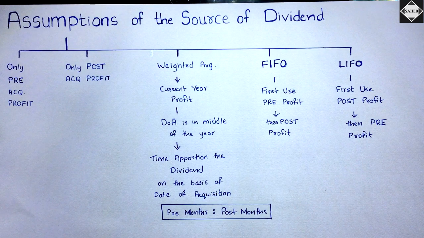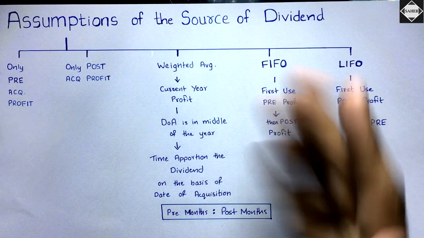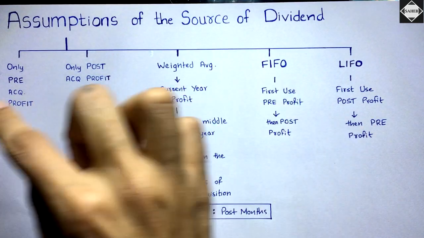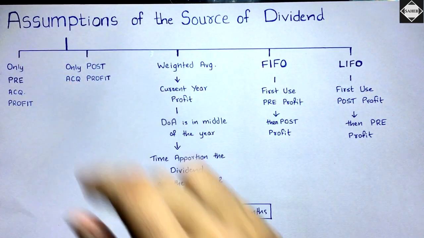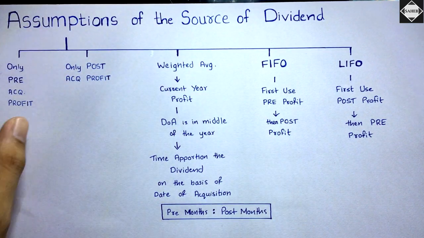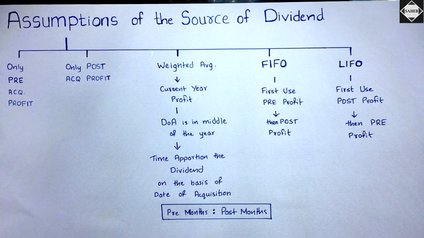So what does that mean? It means there is no post-acquisition profit, there is no post-acquisition period. Whatever period is there in the current year is the pre-acquisition period. So the profit generated till the date of acquisition is completely pre-acquisition profit. So it depends upon question to question. Understand that, right?